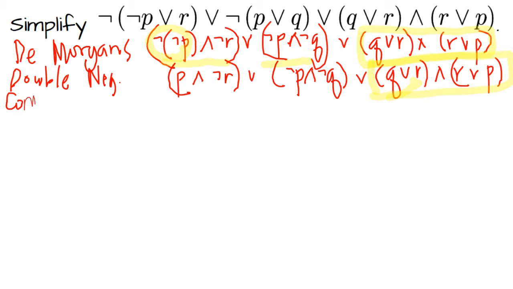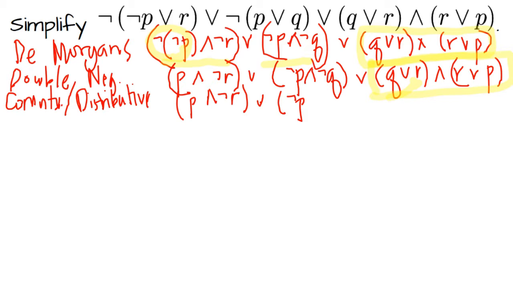So commutative and distribute. So this would be R or Q and P.